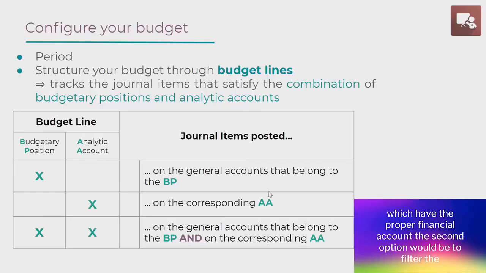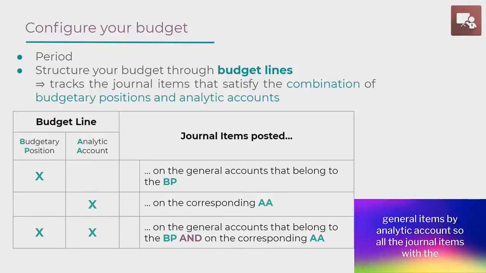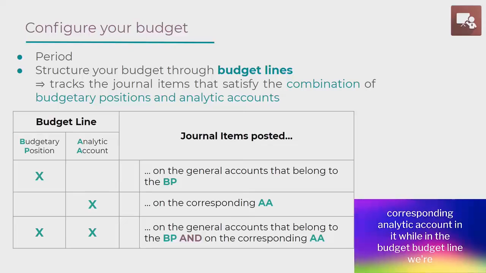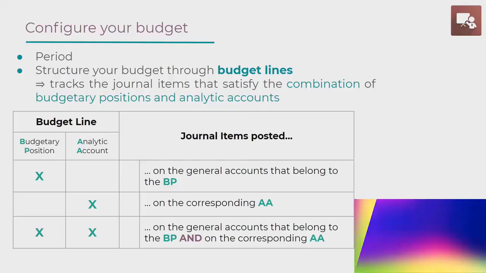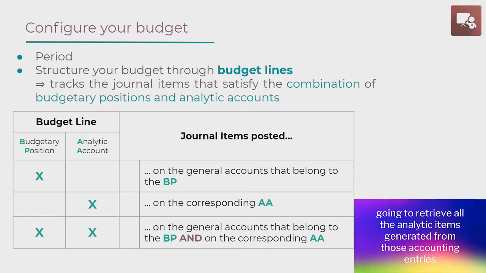The second option would be to filter the journal items by analytic account, so all the journal items with the corresponding analytic account in them. In the budget line we're going to retrieve all the analytic items generated from those accounting entries because they have the proper analytic account in them.